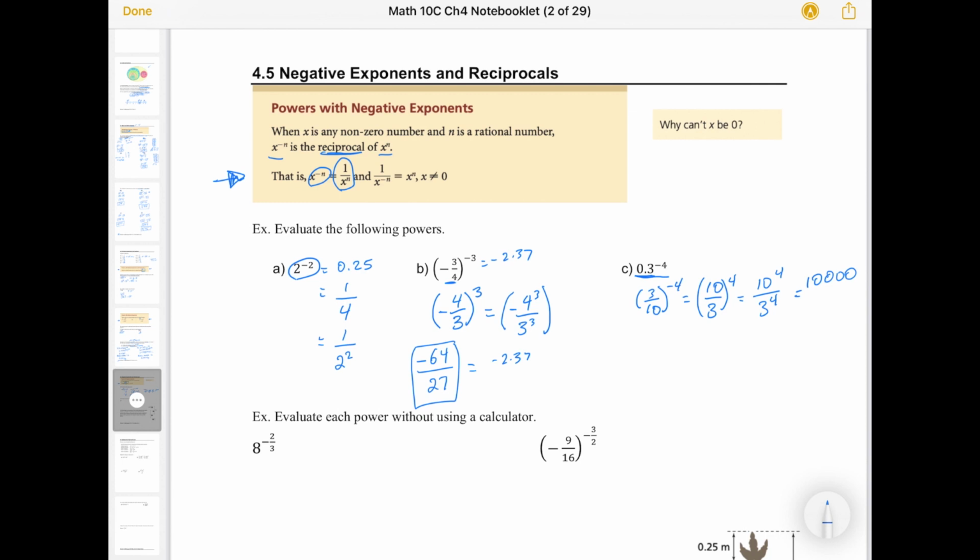And 3 to the 4 is 81, which is going to give me approximately 123.456. And if I just put in 0.3 to the exponent of negative 4, I get that exact same number. So that would be my answers here.